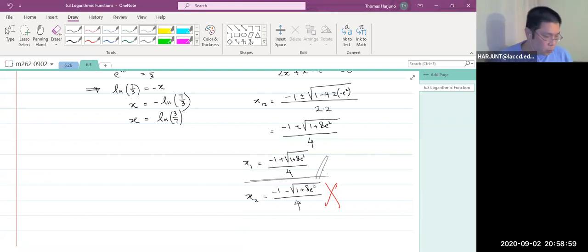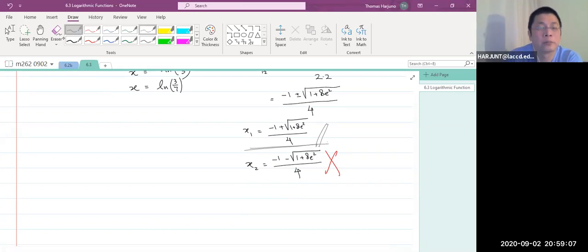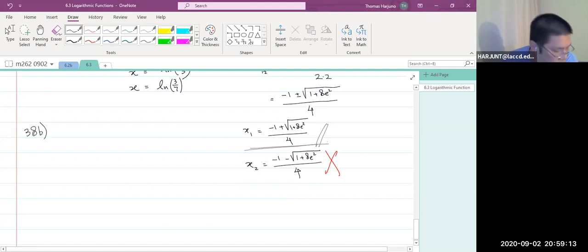Now that's for solving equations. How about using a calculator? Like question number 38b. Just similar to other questions, but this time I want to show you how to use a calculator. This is 3 to the power of 1 over (x minus 4) equals 7.